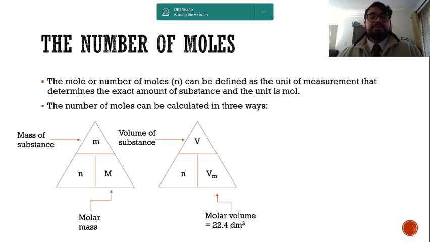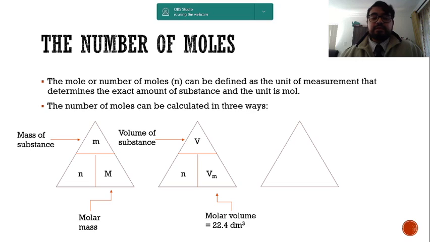Now STP is standard temperature and pressure, which is your room temperature and pressure, and your room temperature would be 25 degrees and your room pressure would be 101 kilopascals or 1 atmosphere. And the molar volume of any gas at STP is 22.4 decimeter cubed.